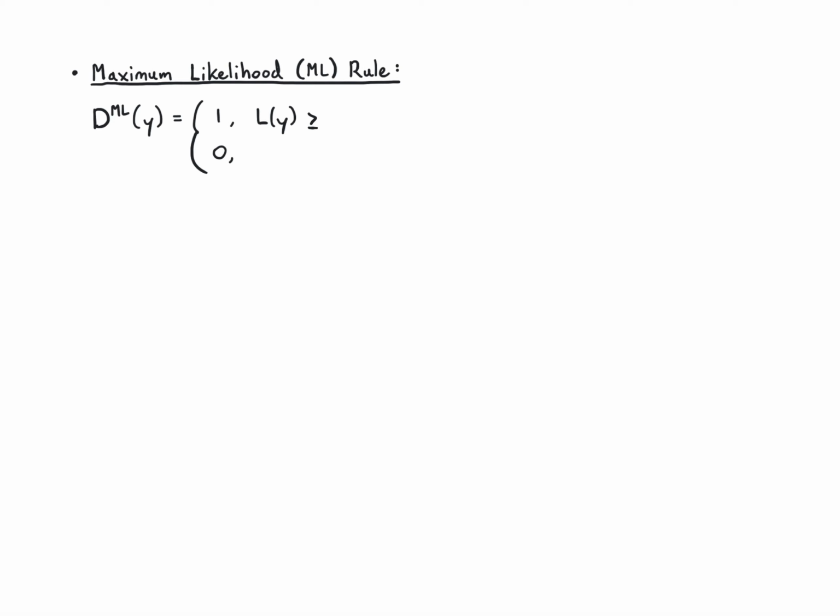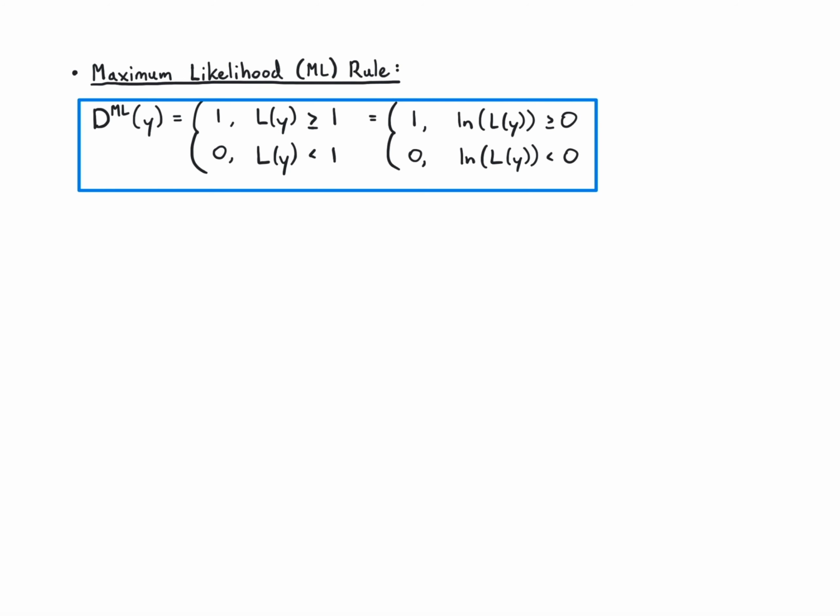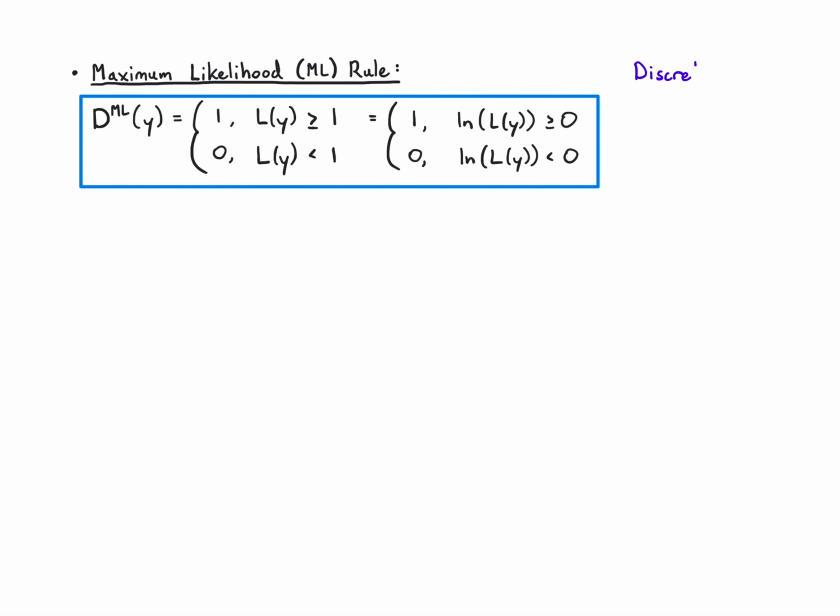To summarize, the maximum likelihood rule, or the ML rule, we remember, was just going to try to figure out which hypothesis best explains the observation. In terms of the likelihood ratio, we're going to decide 1 when the likelihood ratio is 1 or larger than 1, and 0 when it's less than 1. We could also take the log of the likelihood ratio, and that would convert this check into checking whether it's greater than 0 or less than 0.